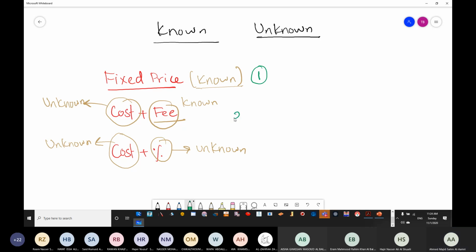Second one is the half known, half unknown. The third one is the worst scenario where I don't know anything. Is it clear? Are we okay?